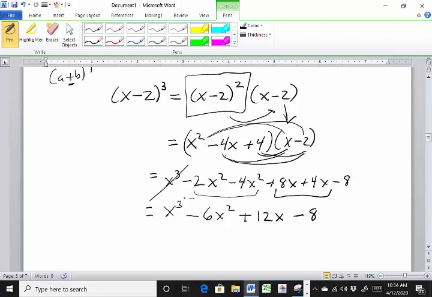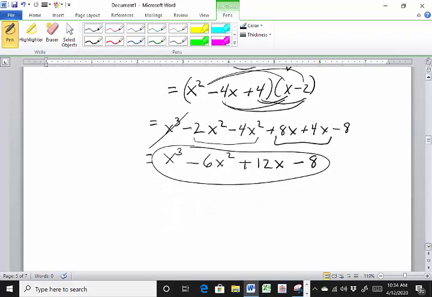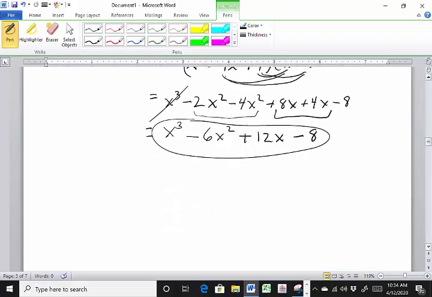And this is written in descending order. So let's see if you can follow this same process. I'd like you to work this problem out, x plus 1 to the 4th power. So pause your video, work this out, and see if you can get the same result.